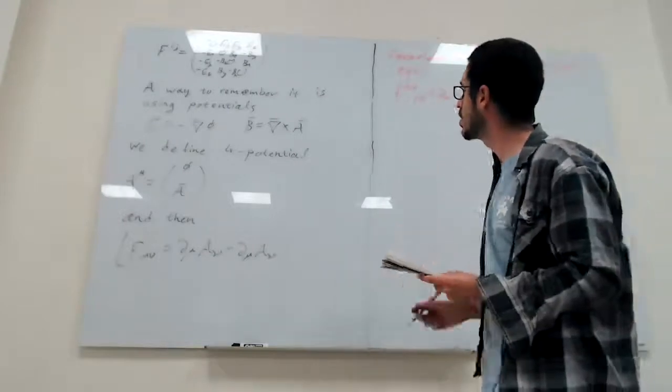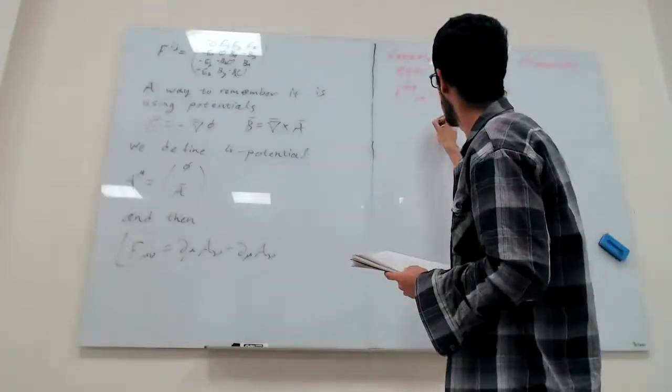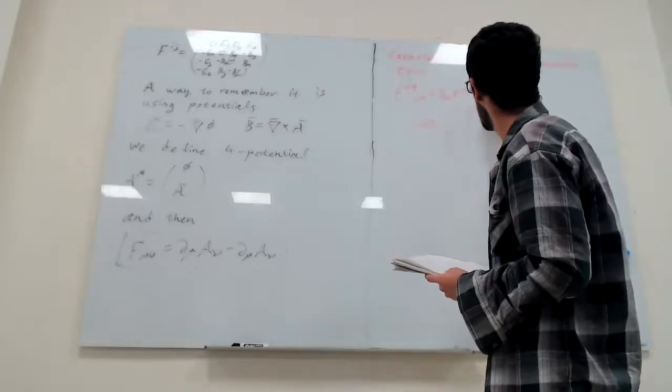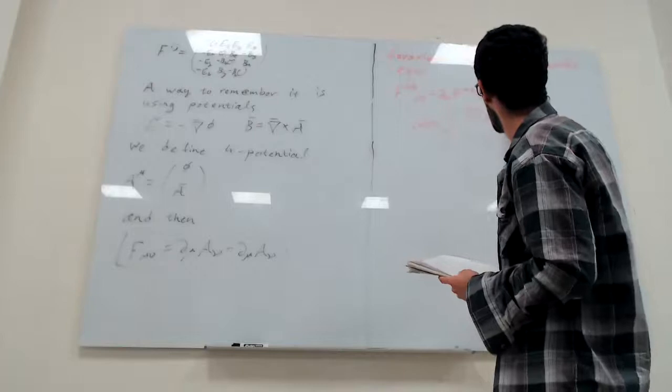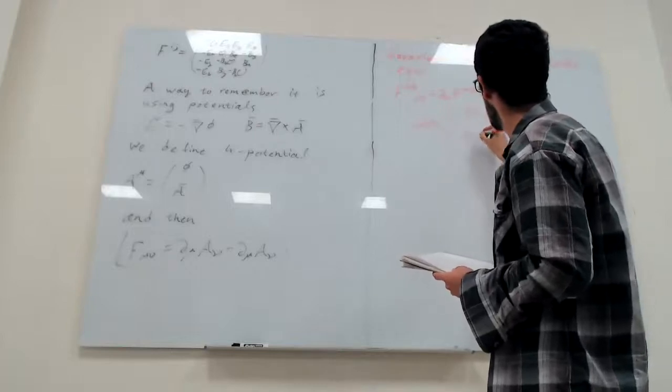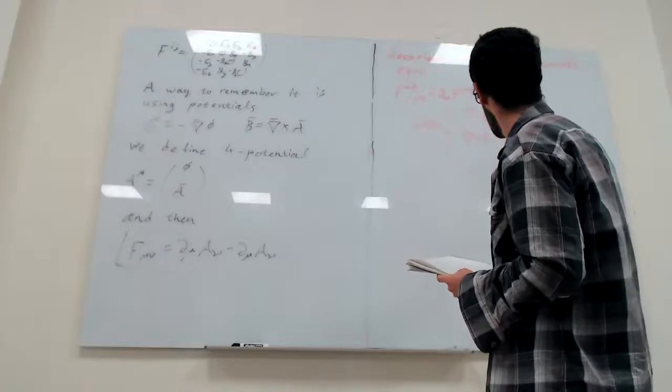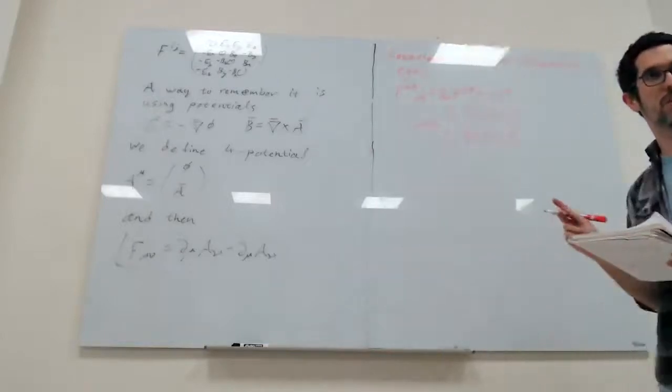Now notice the notation. That is equivalent to the continuity equation, div E equals rho, and curl B equals j without the extra term.